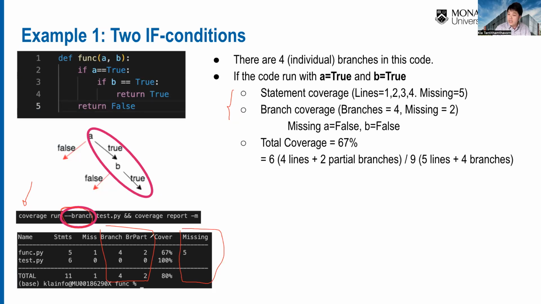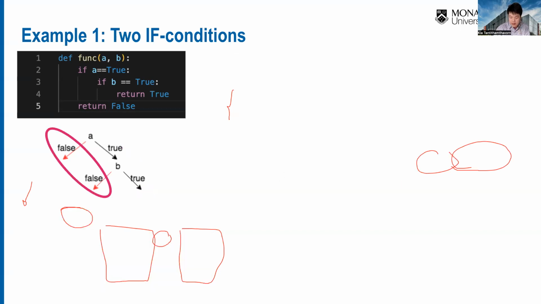Because coverage.py with the branch option considers branch coverage too, the coverage percentage here combines both branches and statements together. So in total here we have how many lines? There are 5 lines. How many branches? There are 4 branches in total. So we should achieve all of them, right? So 9 in total. But what we actually achieve is only 4 lines and 2 partial branches.